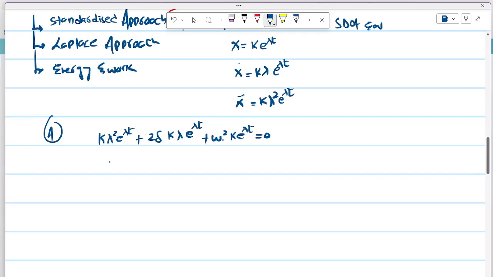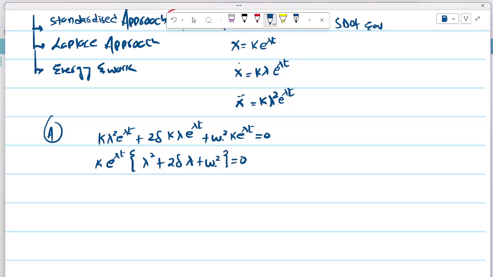So e to the lambda t and k are common, take them out, and it becomes lambda square plus 2 delta lambda plus omega square equals 0.